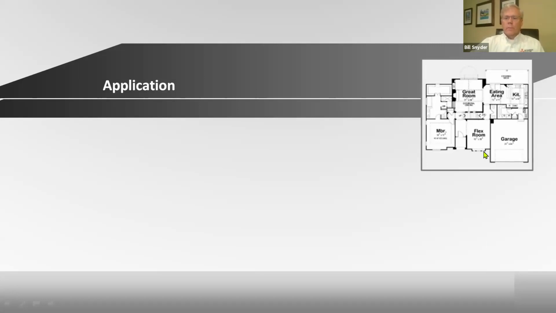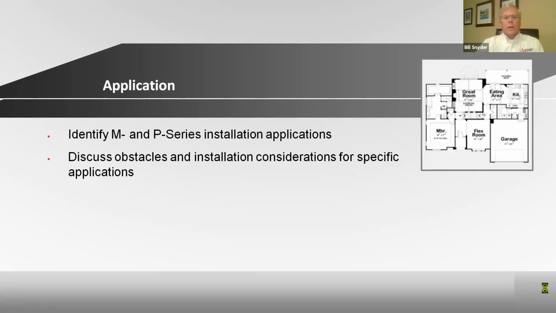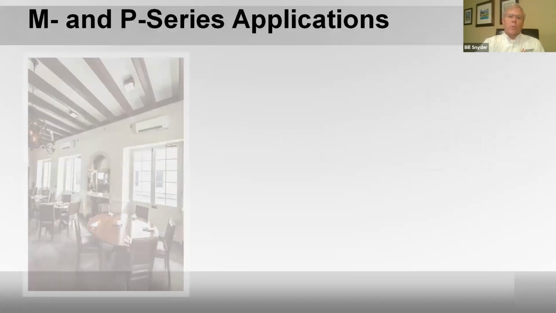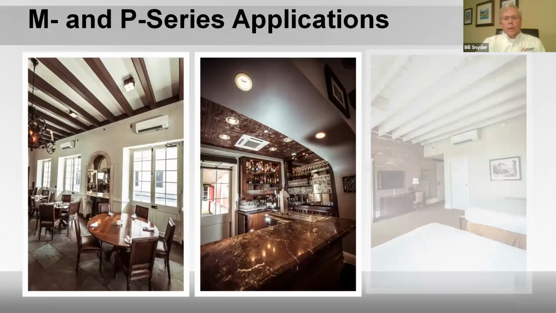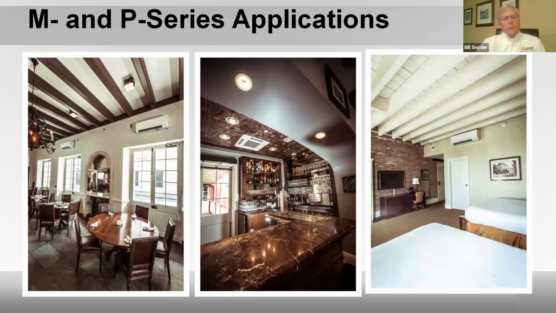I'm going to look at some applications for MNP. Now here's some examples. Over here on the left, you'll see some wall hung units. You'll notice they're a little ways from the ceiling. Just keep in mind that the top of these units is where the return area is coming in.